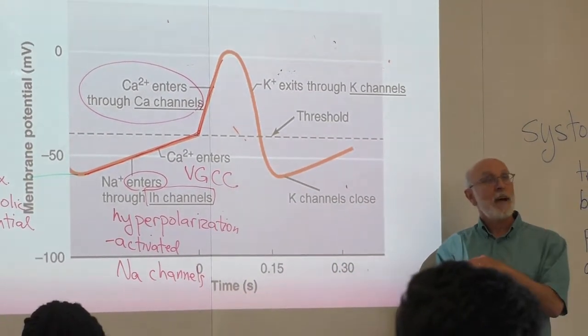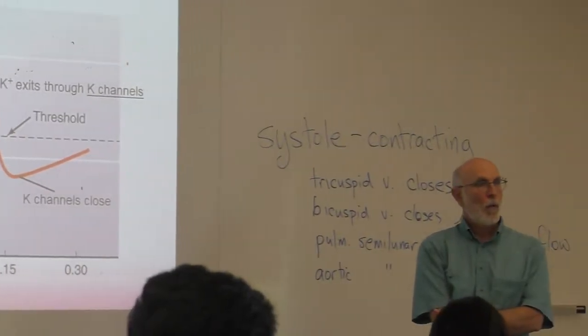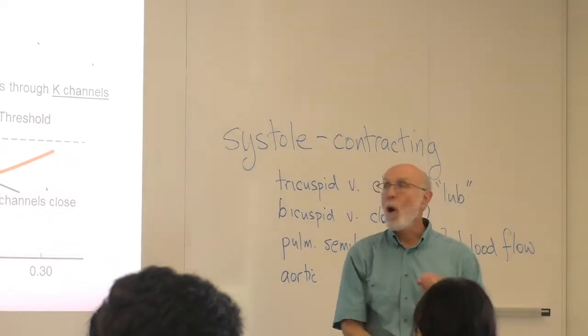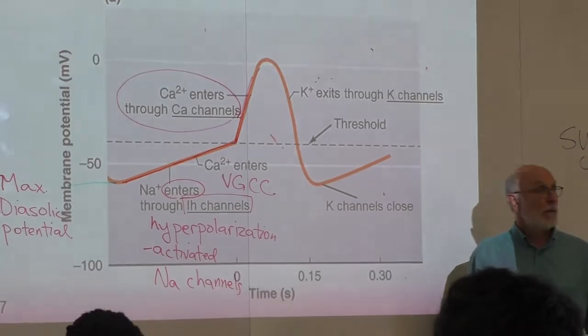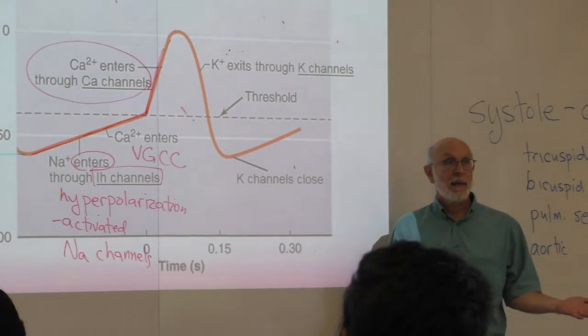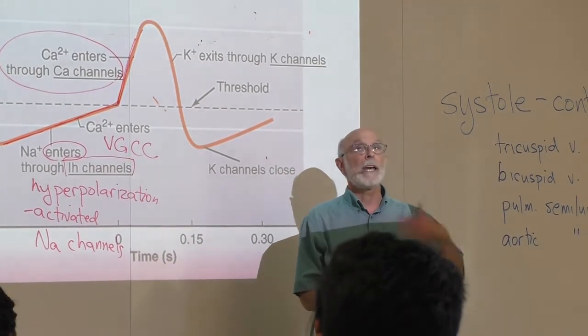What's different about this action potential from every other action potential that you've learned about so far? In all the other action potentials you learned about, what was responsible for the depolarization of the action potential? Voltage-gated sodium channels. In these pacemaker cells, voltage-gated sodium channels don't play a role.